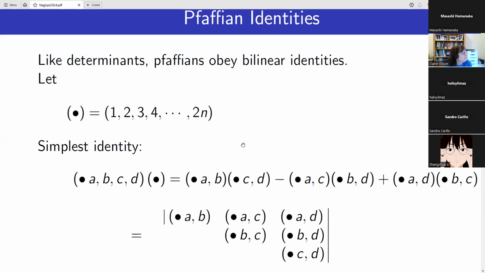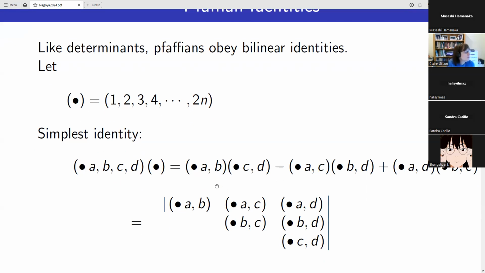I won't say much about it. Basically it says a Pfaffian with 2n columns multiplied by a Pfaffian with 4 more columns can be written as a bilinear combination of Pfaffians, each with 2 columns. Okay, so this is a typical identity. There are other identities as well.